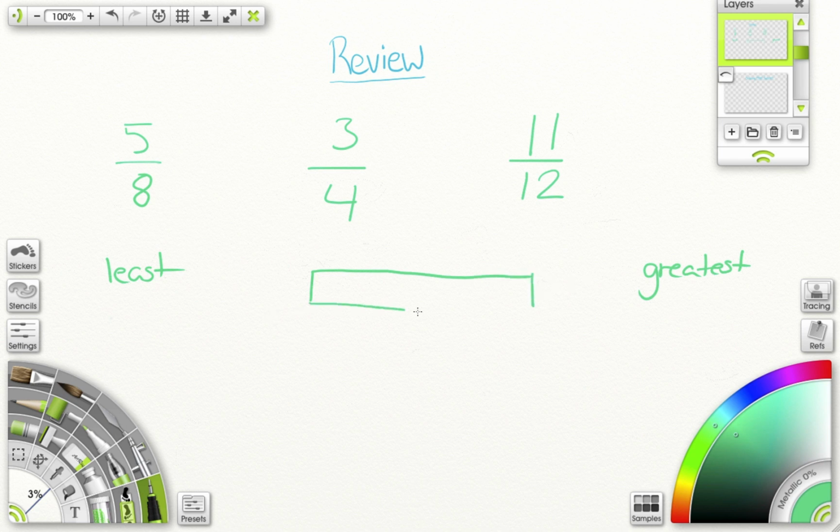So you can draw them out, or if you want to, you can use those strips that I sent you on the assignment page from Wednesday, and you can print those out and use those to help you out. And they will be able to very clearly show you which one is bigger or smaller than the other, because they're drawn much more perfectly than what I can do with a pen and pencil. So let's just do my last rectangle.